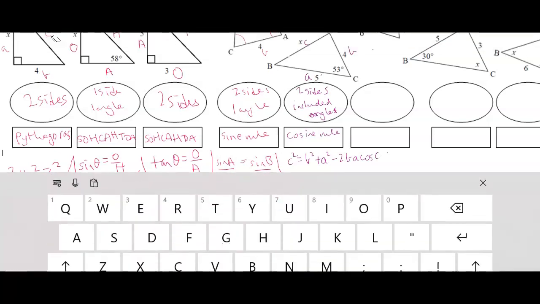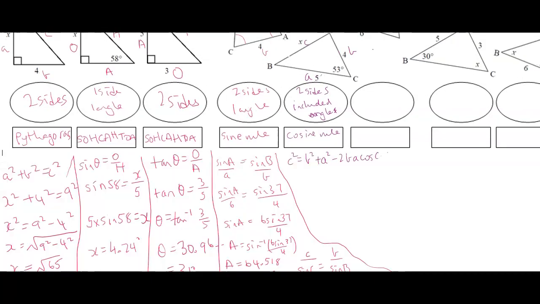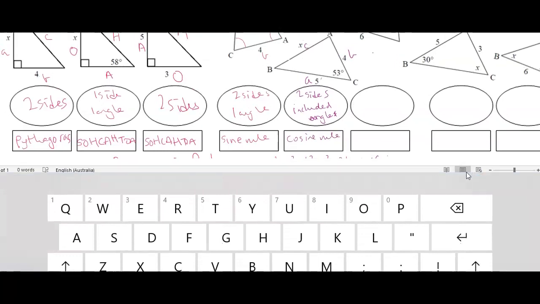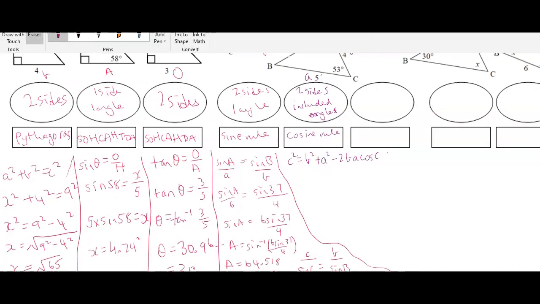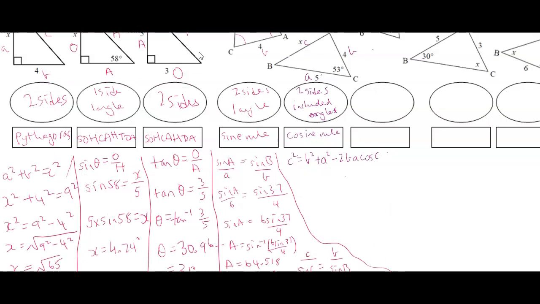All right, let's do our substitution. So don't, oh gosh, sorry, I had my eraser still on. Okay, so don't just write the formula and then the answer. You actually got to do the substitution. So we're going to have 4 squared plus 5 squared. Again, I'm just getting these values off the triangle.